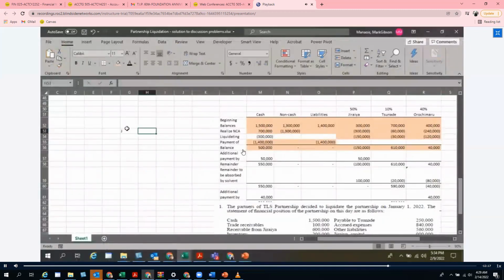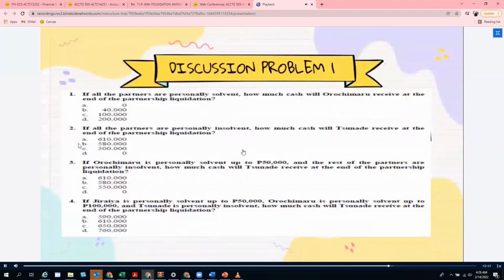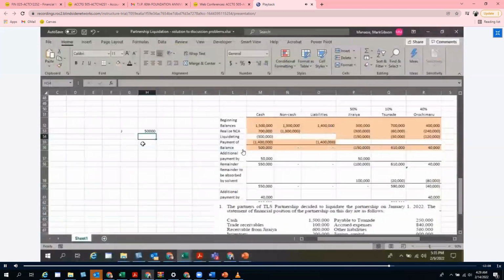Let me write it here. J is solvent up to 50,000. Orochimaru is personally solvent up to 100,000. And then Tsunade is insolvent, so let's just put zero for him.